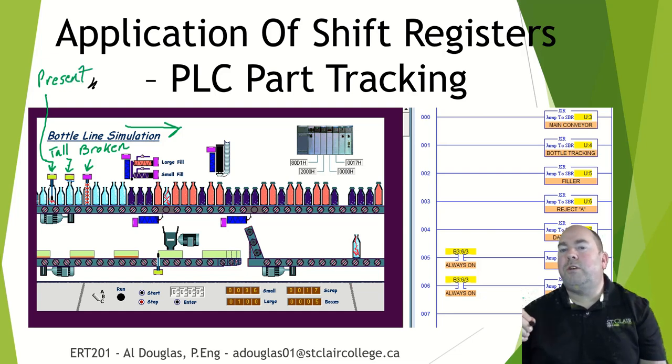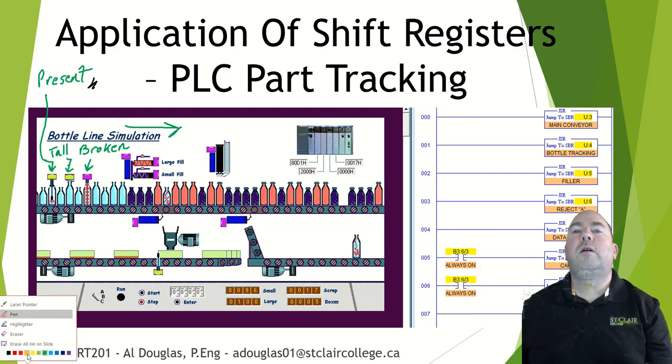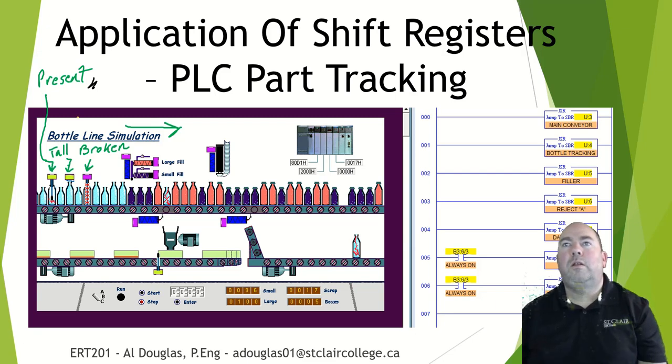So the way our bit shifting logic for this works, present is basically equal to our clock pulse. So every time we read a bottle, we use that as our clock, and that basically triggers our bit shift.